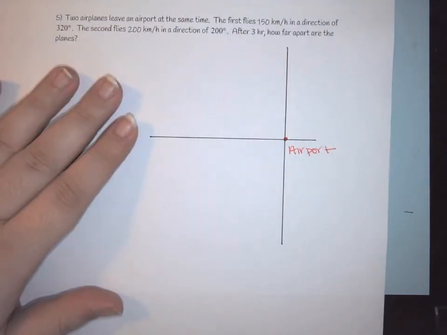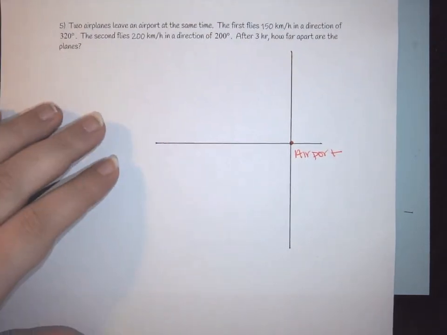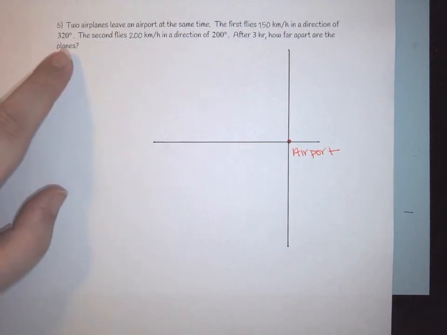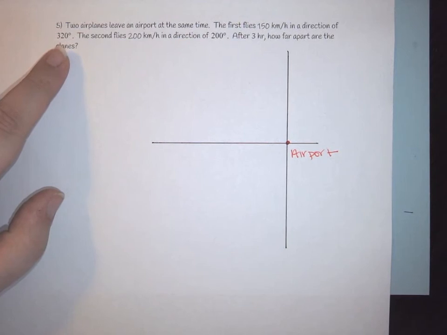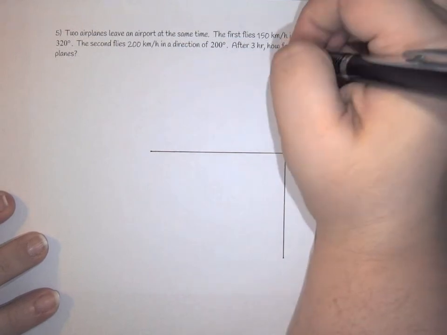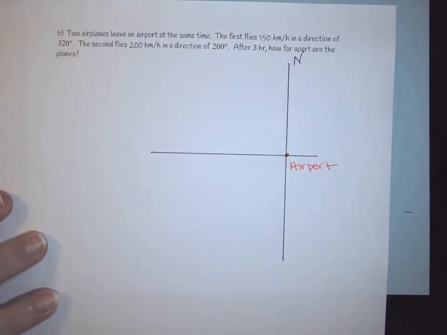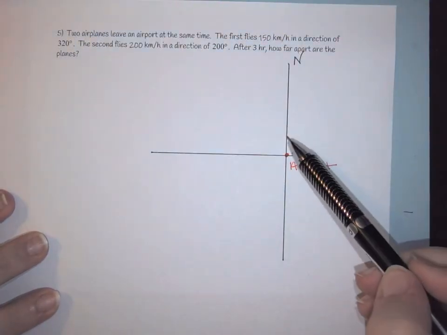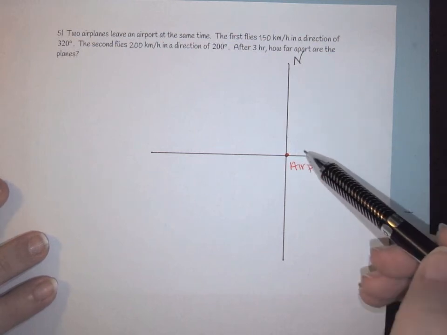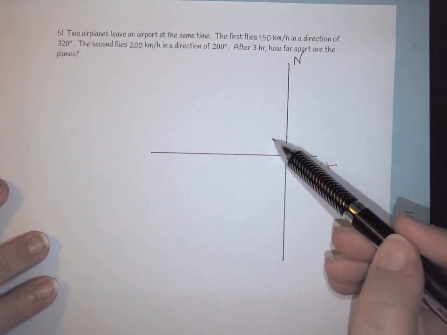Alright, so the first thing that we know is that the first plane flies 150 kilometers per hour in a direction of 320 degrees. So what we actually want to do is go from north. So remember, this is going to be north. And we are going to start from north and spin 320 degrees. So again, this is 90, 180, 270, and 320 is going to be up here.